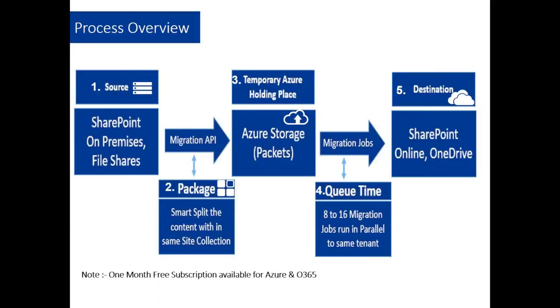It pushes the content from the on-premises folder structures to the Azure temporary storage location, just like a temporary holding place, which has a container. Basically we have two containers, one for the files and one for the package, splitting the data in two ways. Once Azure has the data, we run some more scripts.